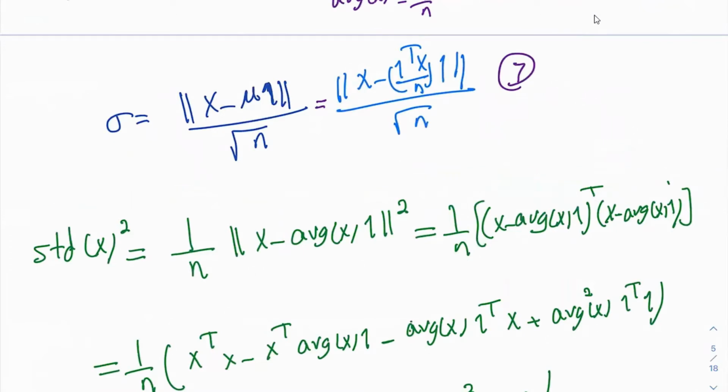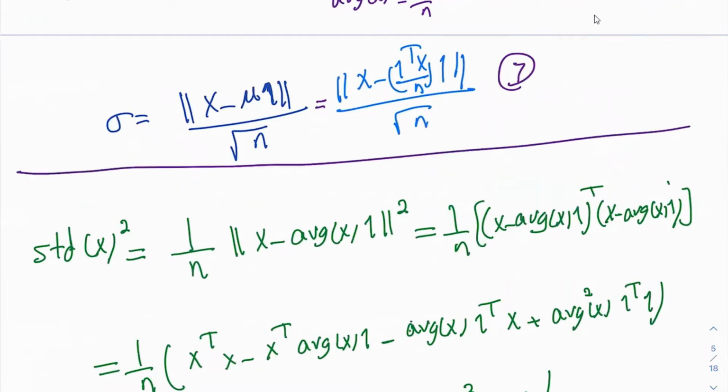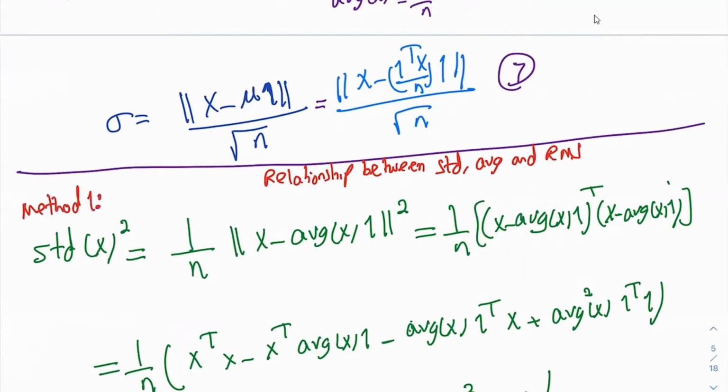So for that one, first I want to title this one expression or relationship between STD, average, and RMS. I would say method 1. This is one way to do that. Method 1. Write the standard deviation score. What's the definition of standard deviation?